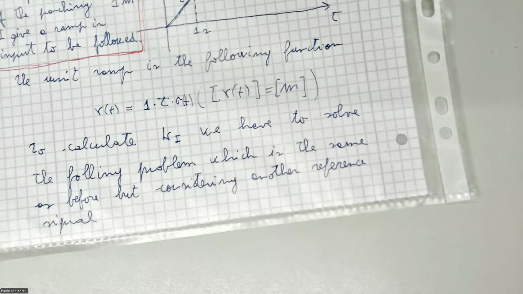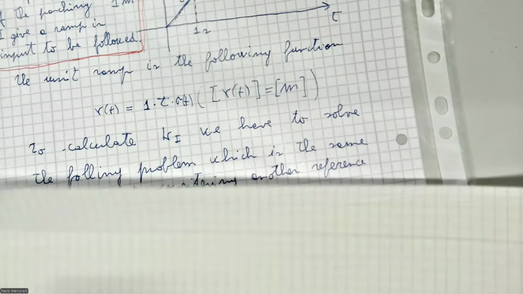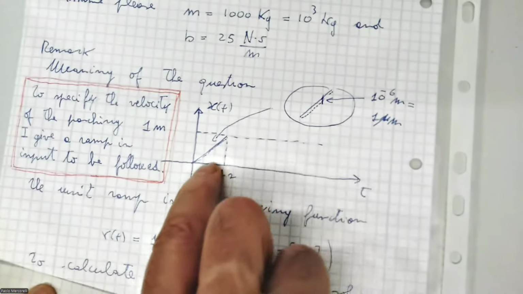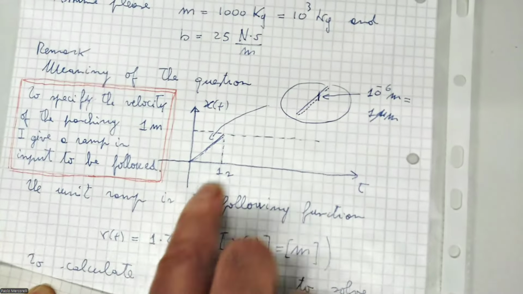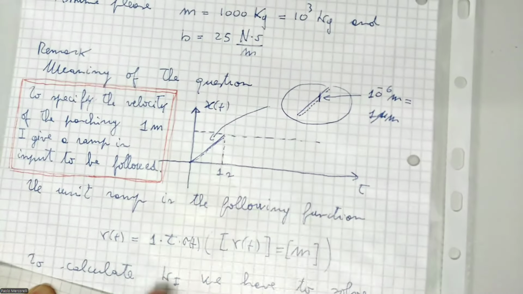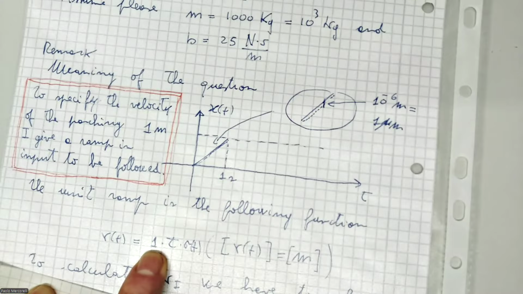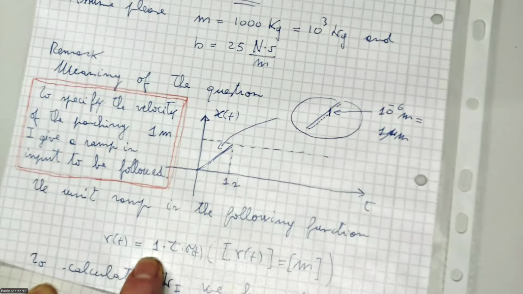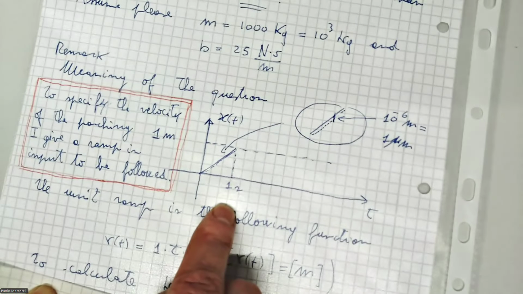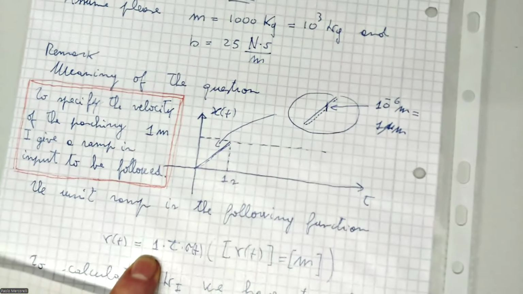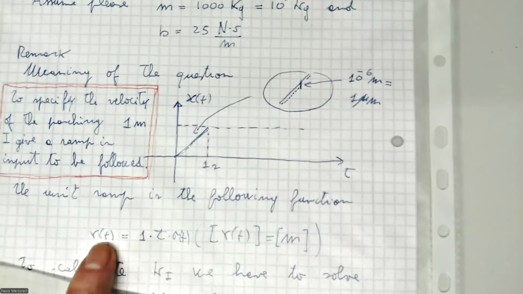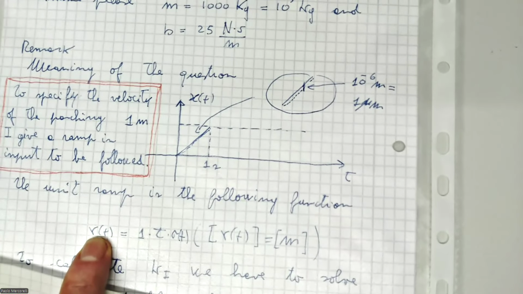Now, let me analyze what happens if I have a ramp 1 multiplied by t. Why 1? Because this is exactly the velocity. It's 1 divided by 1, therefore I put here 1. If I have here 0.5, I have to put 2, because it's 1 divided by 0.5. Do you agree? Twice the velocity. Yes, the slope is the velocity. Multiplied by time, it is the position.